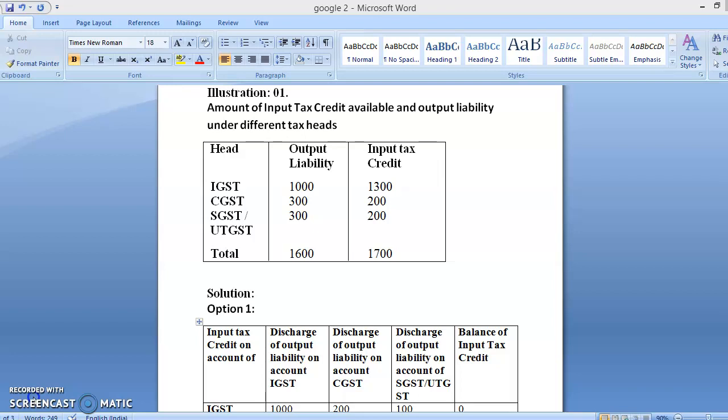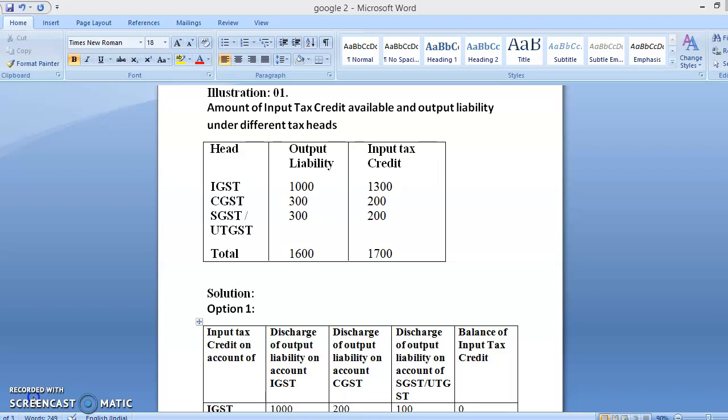Then it can be utilized to set off CGST or SGST or UTGST tax liability in any order. Second point, unless IGST credit is utilized completely, you cannot utilize the CGST or SGST credit available. These are the two important points you should remember in Section 88A.